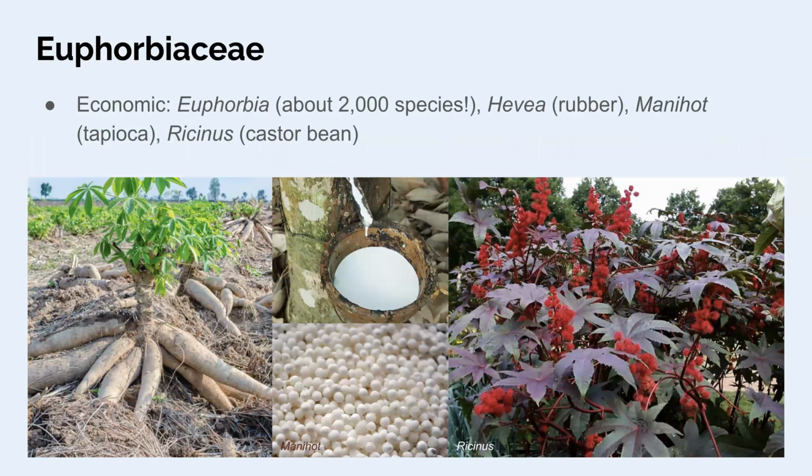All right, lots of economically important plants in this group. Some edibles, believe it or not. This is still a very toxic group overall, and some of the plants that people eat are in this toxic category. If you've ever had tapioca, or Manihot, cassava, a few different common names for that, these little tapioca pearls are starchy.